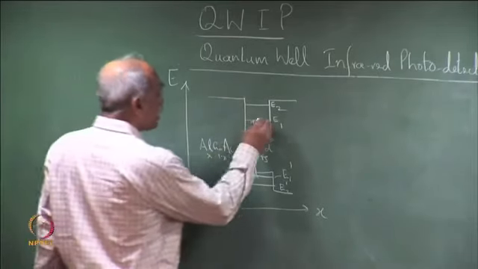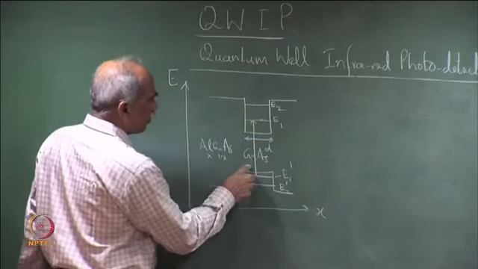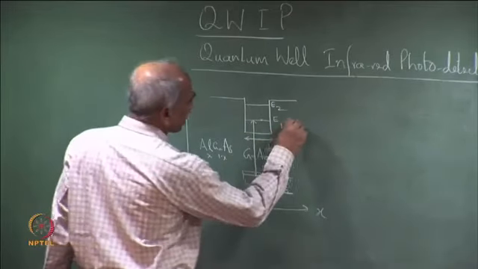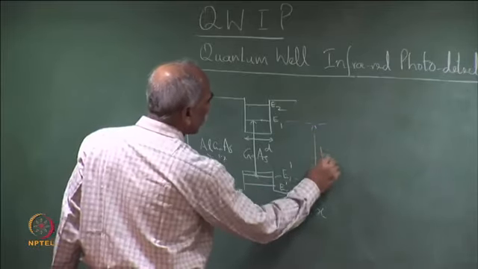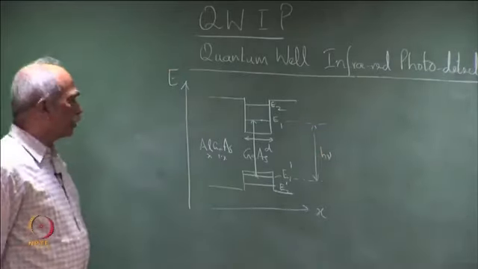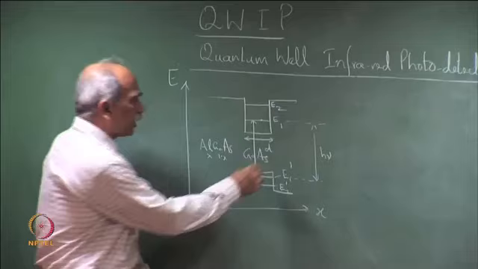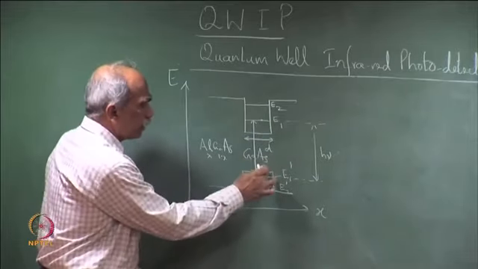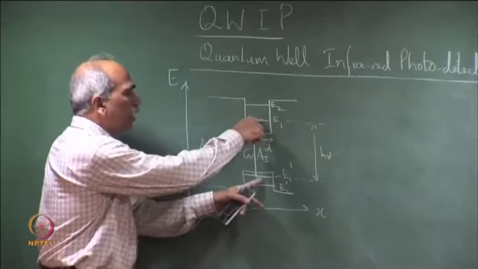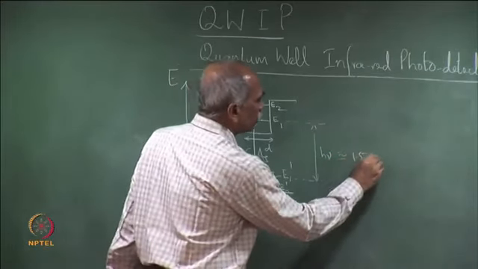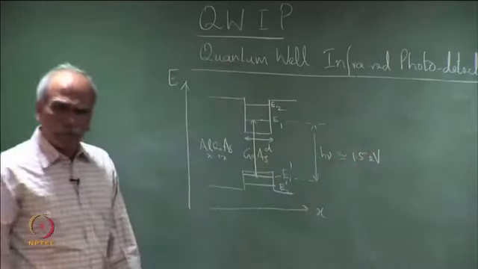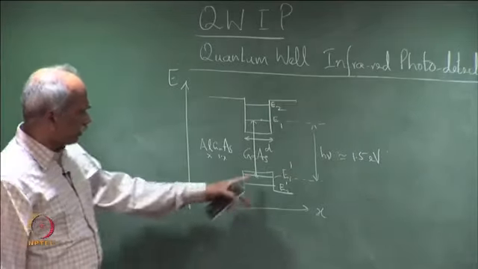This would require an energy difference which corresponds to this. So, this h nu should correspond to this. If we take gallium arsenide, as we know Eg is about 1.42 eV, and therefore this will be even larger than that. So, h nu is approximately of the order of 1.5 eV.